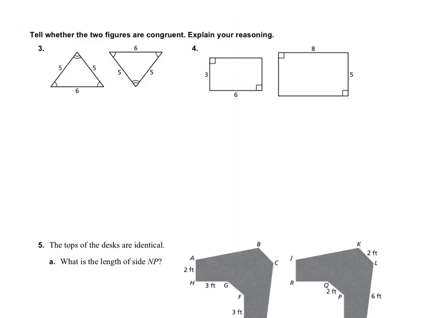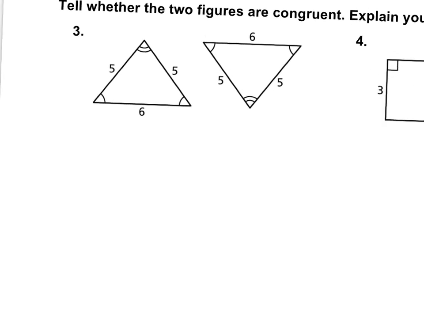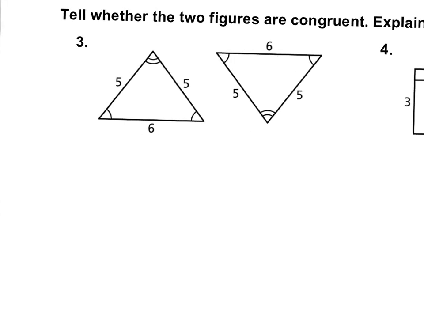Number 3 says, tell whether the two figures are congruent. Explain your reasoning. So when we look at the two triangles for number 3, we need to decide if they are congruent. Congruent figures mean they have the same shape and the same size. So they both are a triangular shape. Now for size-wise, we have to look. This side is 5, this side's 5, and this side's 6. When we look at the triangle to the right, again, we have two sides that are 5 and a third side that is 6.